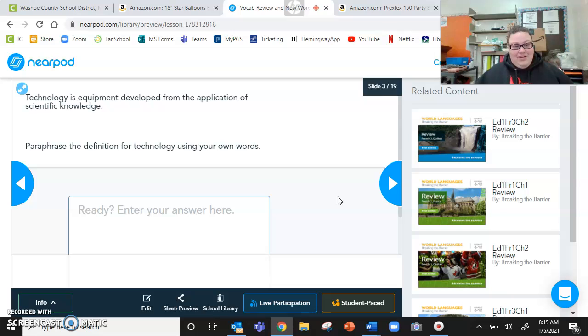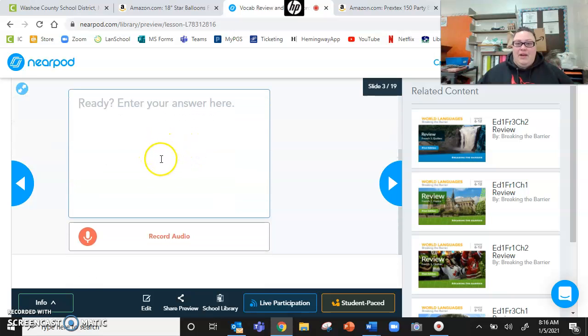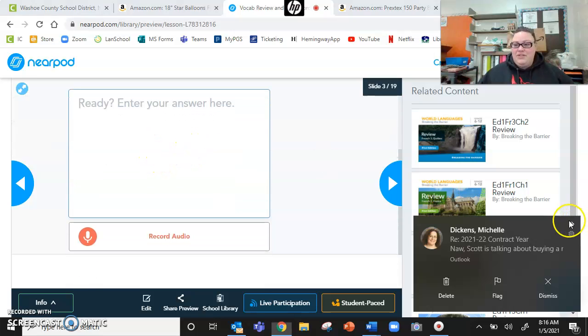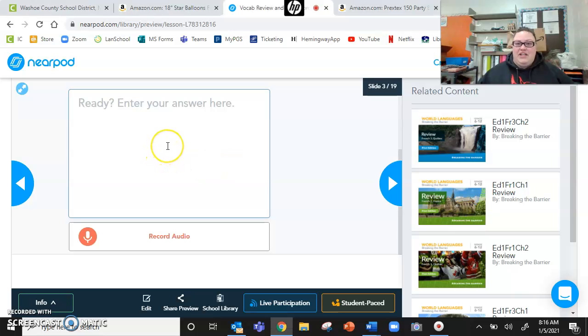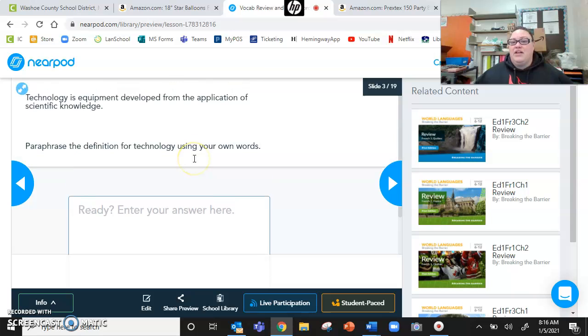And then our next review vocabulary word is technology. And remember, technology is equipment developed from the application of scientific knowledge. You're going to paraphrase the definition for technology in your own words. I'm telling you right now, my wonderful human beings, if you say that technology is your phone or the computer, that tells me that you do not understand the true meaning of technology.